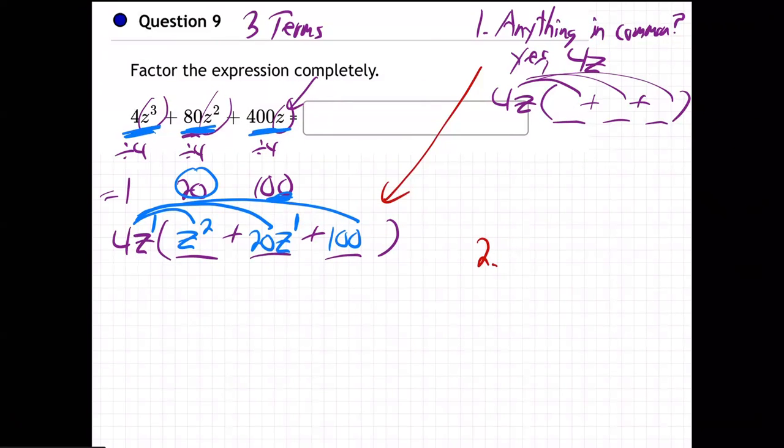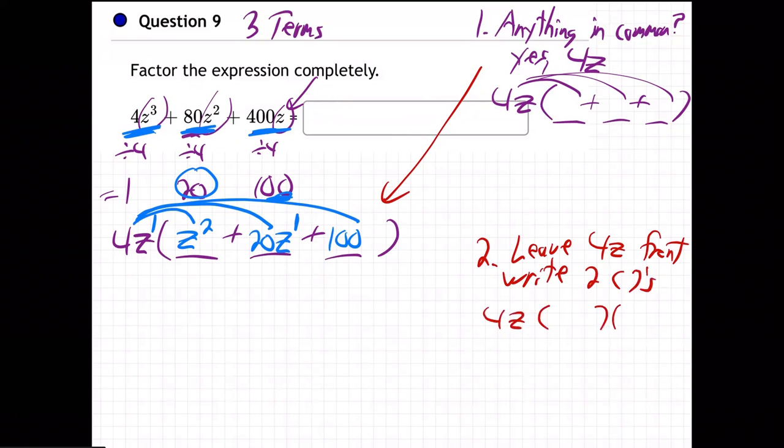Step 2 is we leave the 4z in the front, and we write 2 parentheses. So it's going to be 4z, and then we're going to do the 2 parenthesis thing. 4z stays in the front, but I've got to write 2 parentheses.